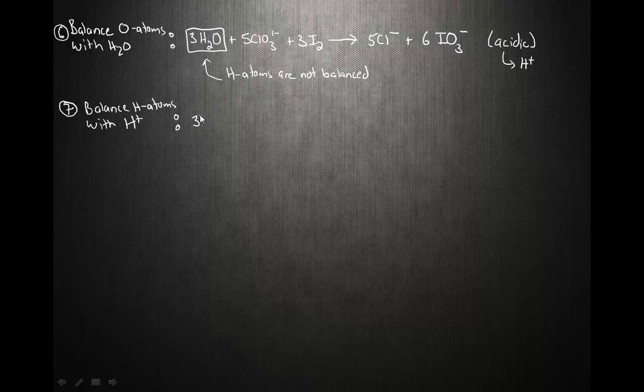So I'm just going to rewrite what I've already got up there. But now I'm going to add the appropriate number of hydrogen atoms, which in this case is 6. So I'm going to add 6 H plus to this. And now it should be balanced.